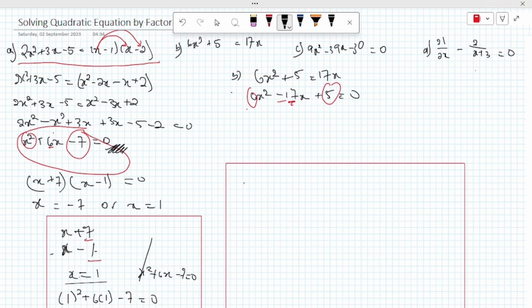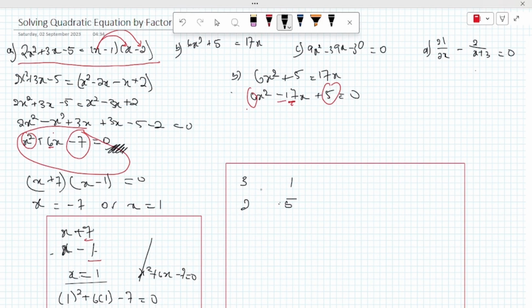The values of 6 are going to be 3 and 2, right? And the values of 5 are going to be 5 and 1, right? So when you multiply 5 and 3, you get 15, right? But now if you get 15, you're looking for 17.